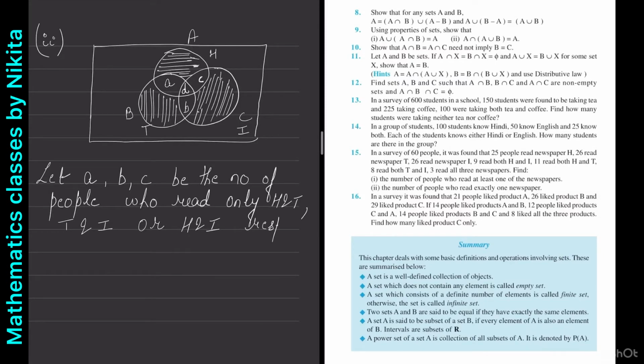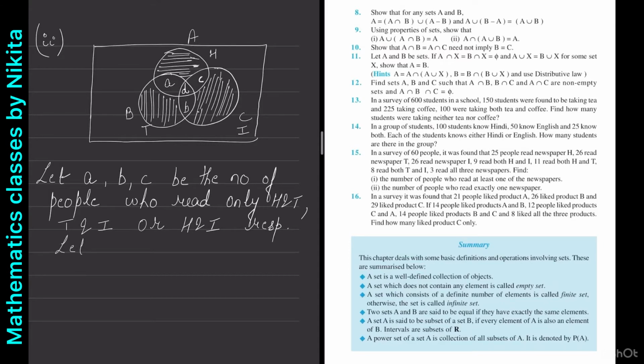Okay, so मैंने respectively लिख दिया. So that means A is the number of people who read only H and T, B is the number of people who read only T and I, and C is the number of people who read only H and I respectively.